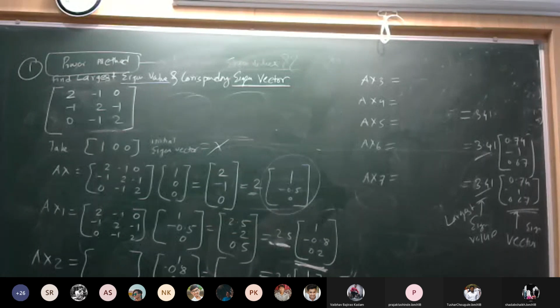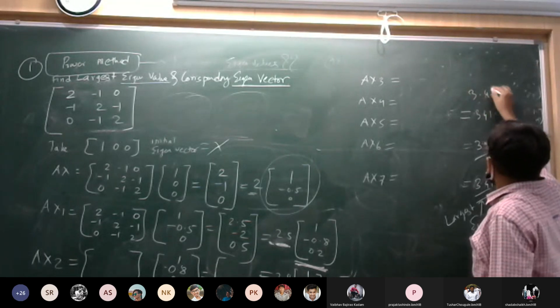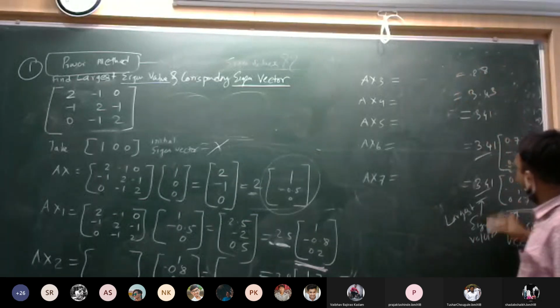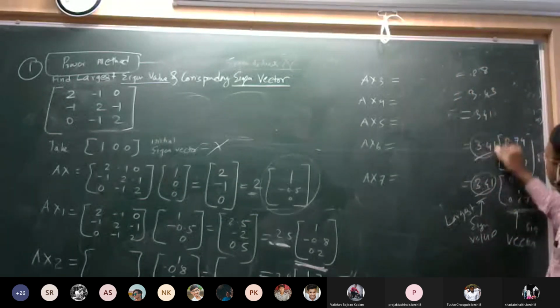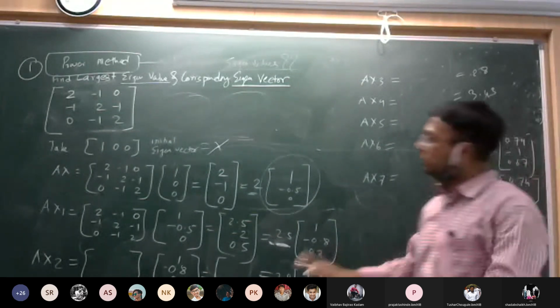We have to say this 3.41 will be the largest value. Now this kind of values are going to come; we have to find that these values are the same. That's why we say this is the largest eigenvalue and this is the corresponding eigenvector. One of the simplest techniques.